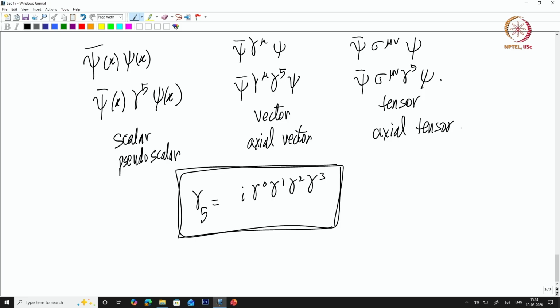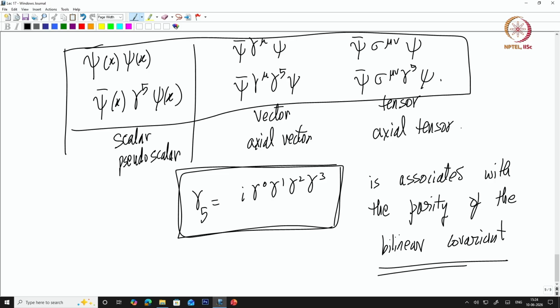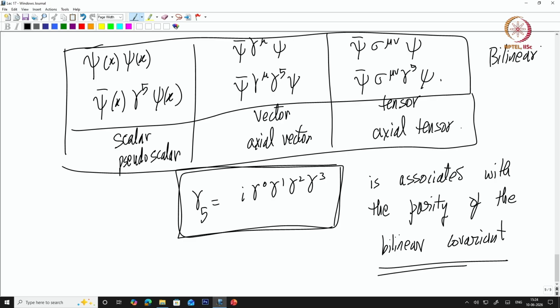The axial vector acts opposite, it cancels the minus sign. Similarly the tensor. So the gamma phi is associated with the parity of the bilinear covariant. So these are all these bilinear covariants essentially.